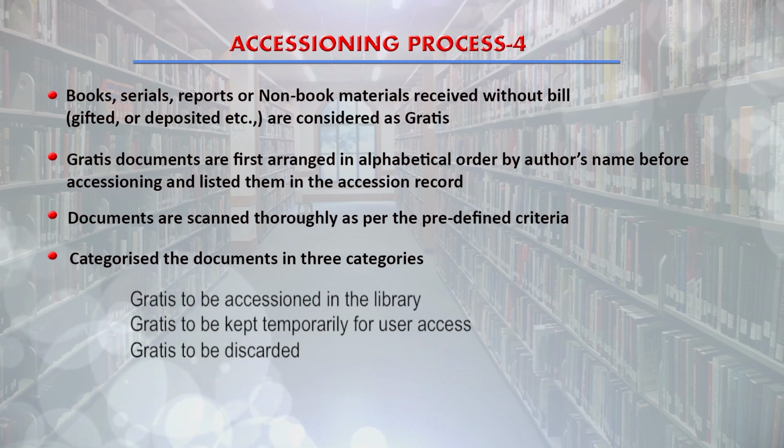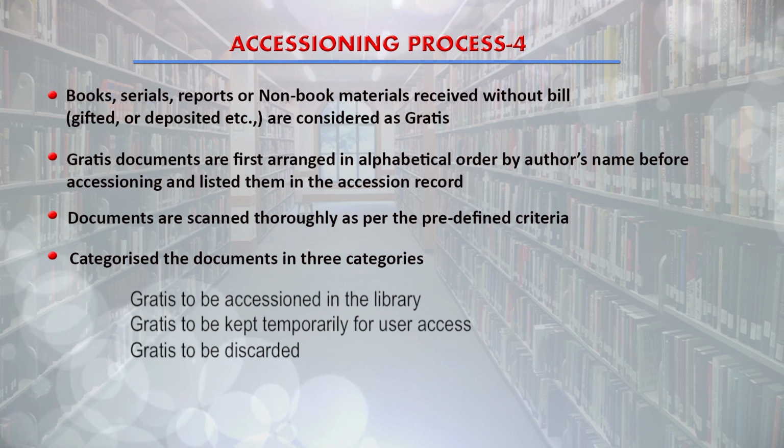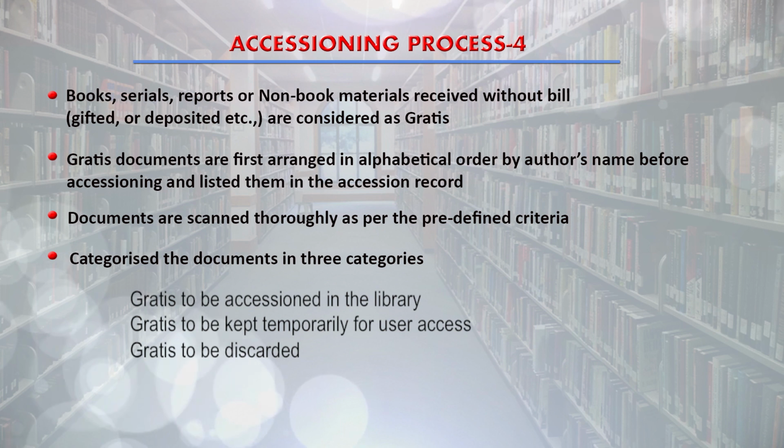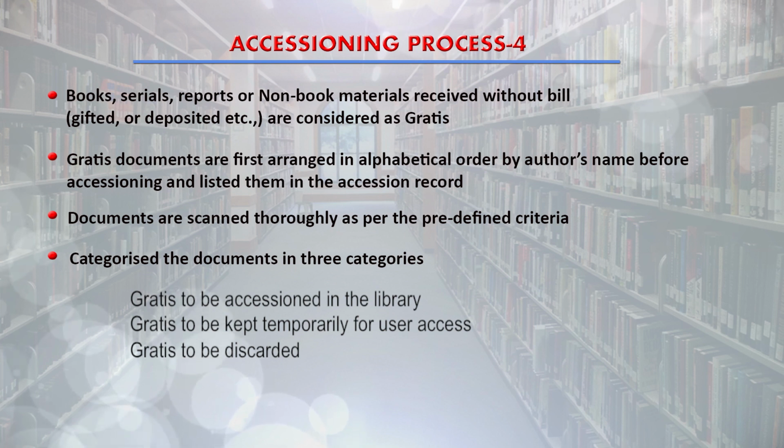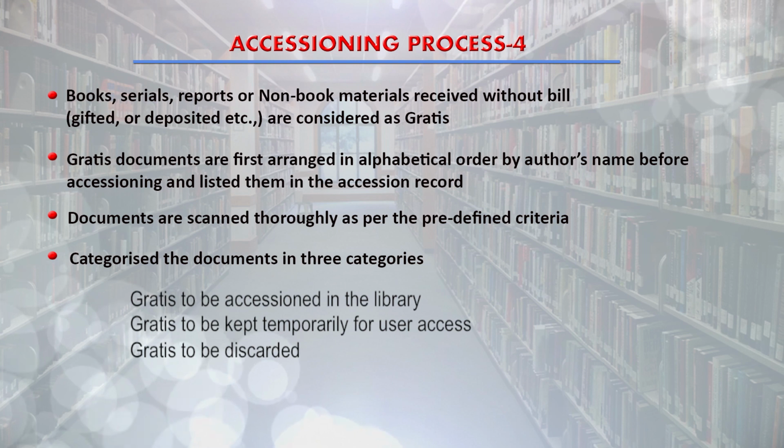We categorize these books first: some are gratis to be accessioned, some are for temporary retention and some are discarded. Once that is done, in a separate accession register we give a separate number beginning with GR. That GR helps us identify gratis documents.